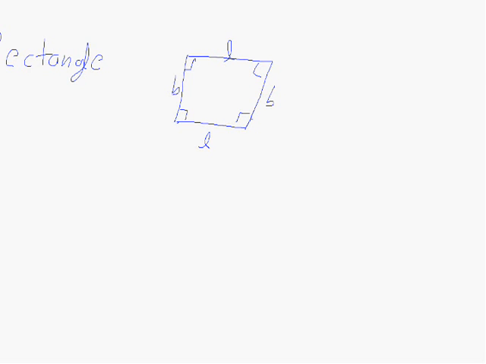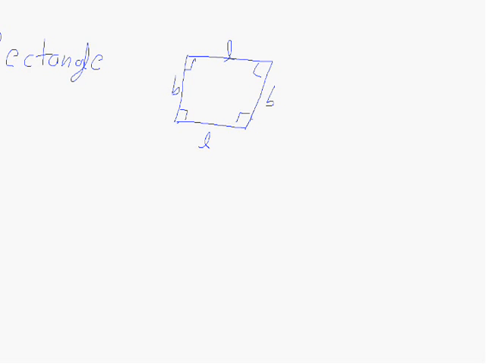Let's say a rectangle. A rectangle is basically a two-dimensional figure in which each angle is 90 degrees and the opposite sides are of equal length. Let's say this is L, this is also L, this is B, this is also B.